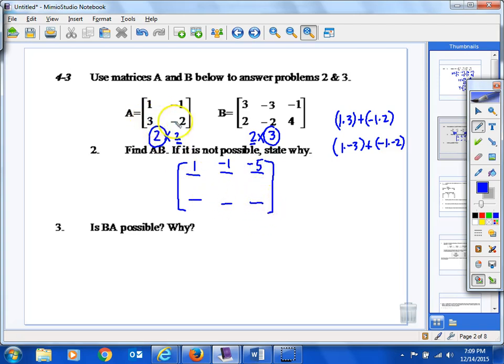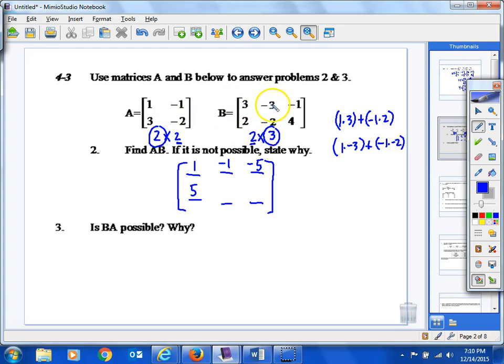And now work on the bottom. Use the second row, and then we're going to go through using columns 1, 2, and 3 again. 3 times 3 is 9, plus -4. 9 plus -4 is +5. 3 times -3 is -9, plus -2 times -2, which is 4.